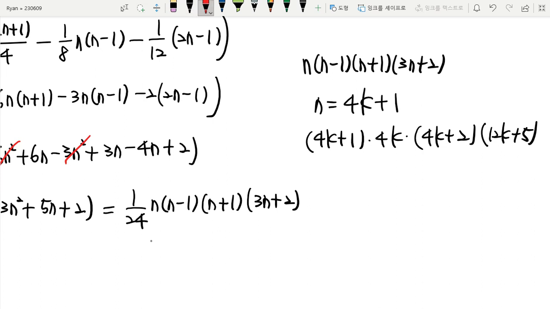And so in this case too, it has the factor of 4 and this is even. We can take 2 out of the parentheses. So in this case too, the product is a multiple of 8.